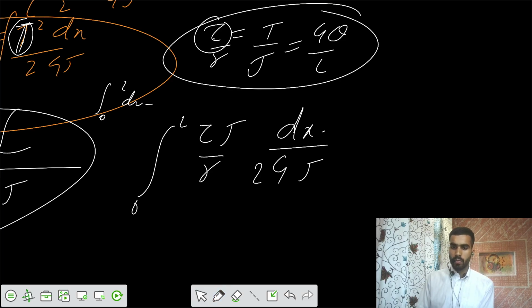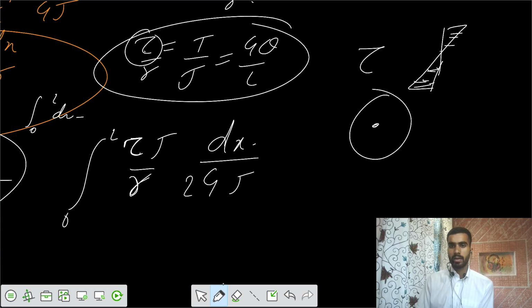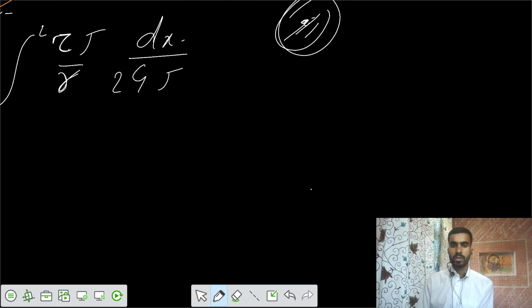Now one thing is that tau at any r is a function of that r, because tau is varying with r. If you have a solid circular shaft, the shear stress variation is a linear function of r.